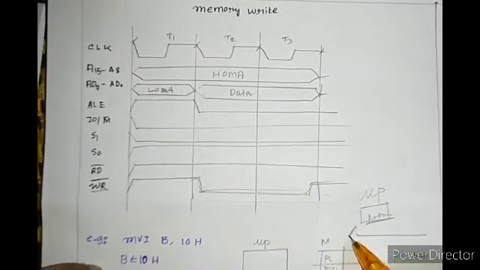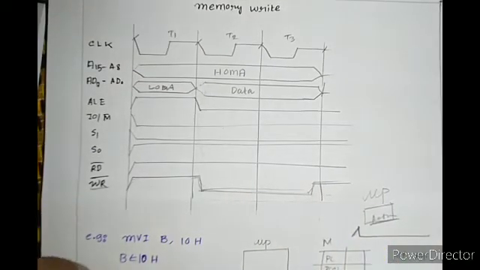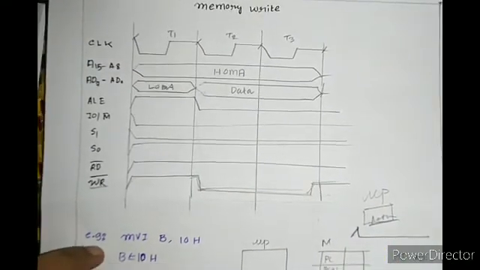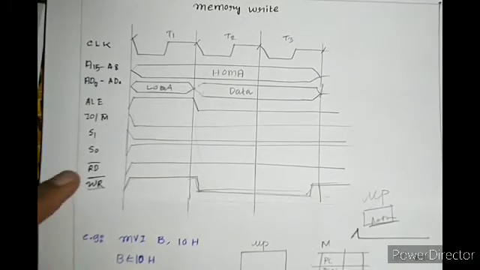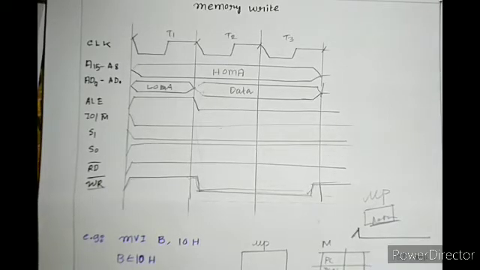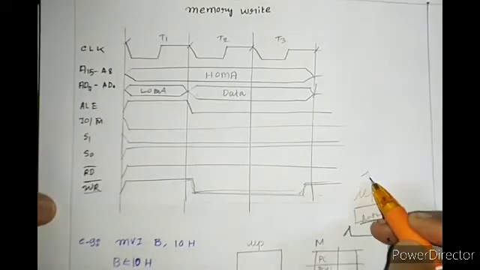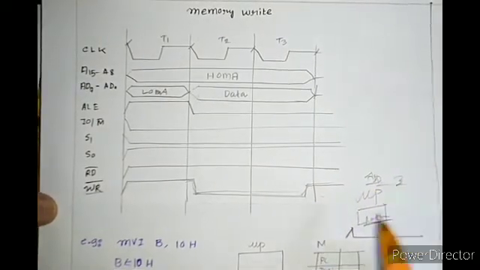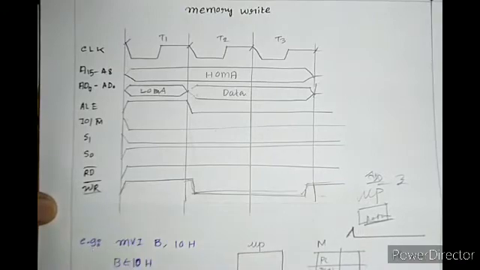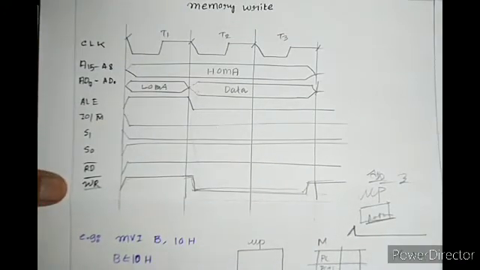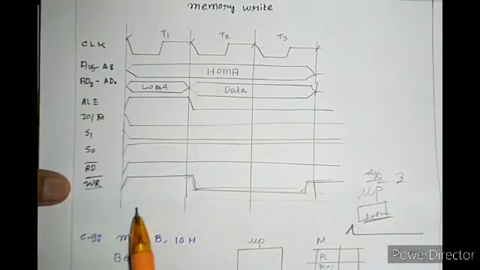It means the MUP is telling me to write something, but I don't know where to write. So what will happen? This data can go to a wrong location also, probably the previous location which was already stored. Probably you have some instruction, and we don't execute it, but from the beginning the WR bar goes low.